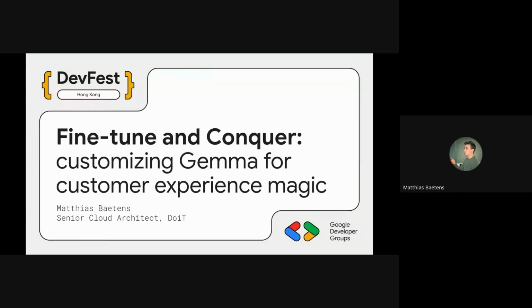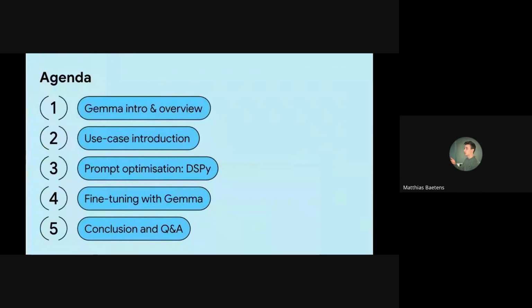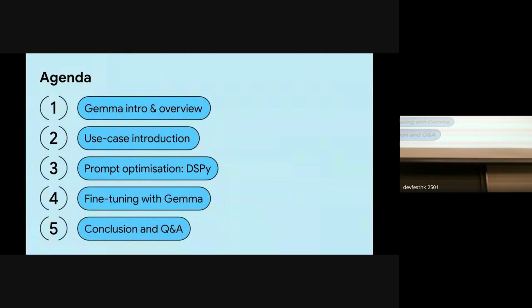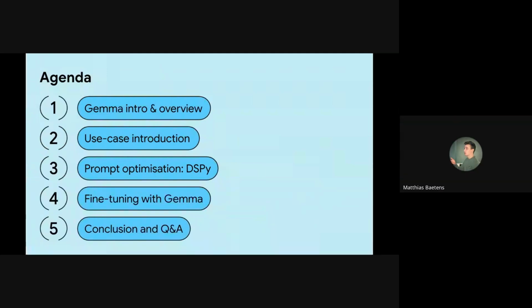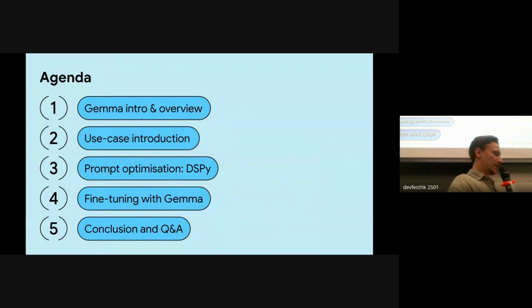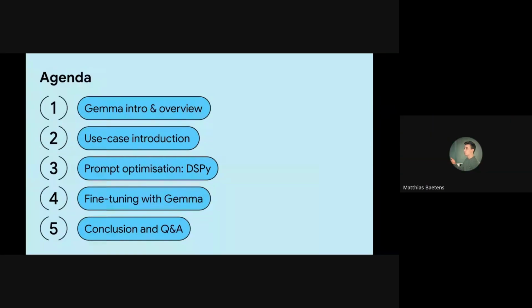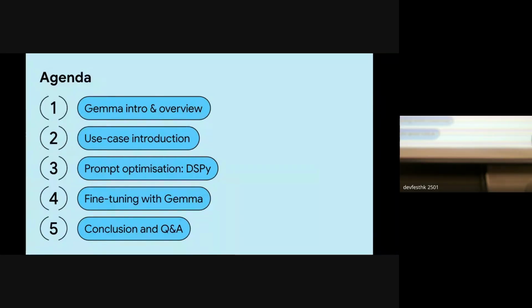So, a little bit of what we're going to look at. I'll walk you through the introduction to Gemma, swiftly and briefly. I'll introduce you to the use case, why we do fine-tuning, and some other optimization techniques that I think are interesting enough to frame the whole discussion. We'll look at prompt optimization, which is the first thing I tried, and a library called DSPy, which maybe somebody is familiar with.